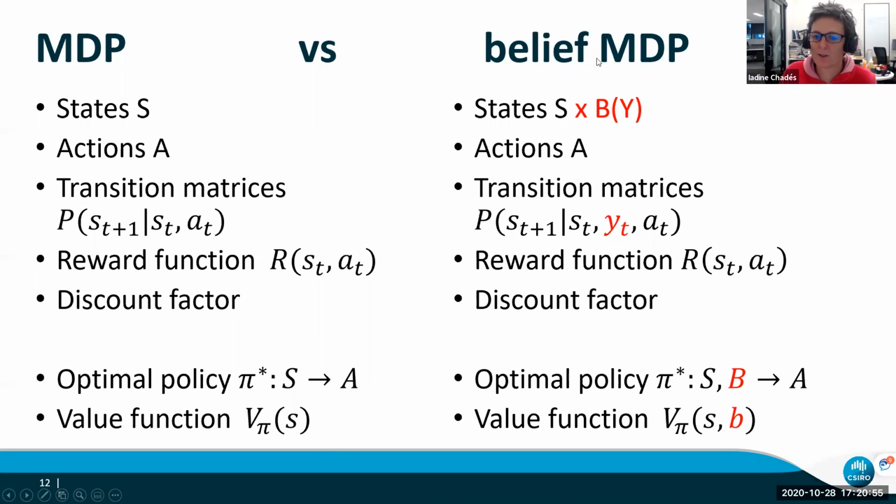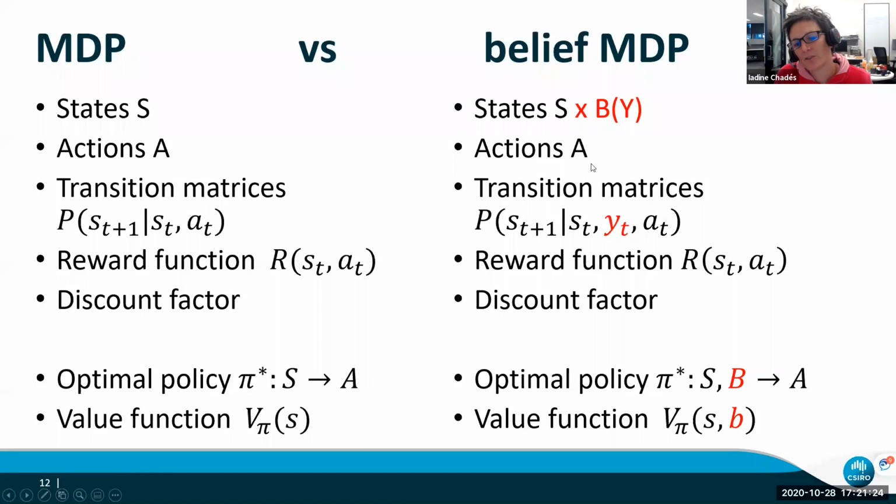Okay, so now let's look at the changes. What occurs when we account for model uncertainty and we augment the state space? So now our states become our observable state space, let's say our population abundance, for example, and our belief over which model is the true model, a probability distribution over the models.